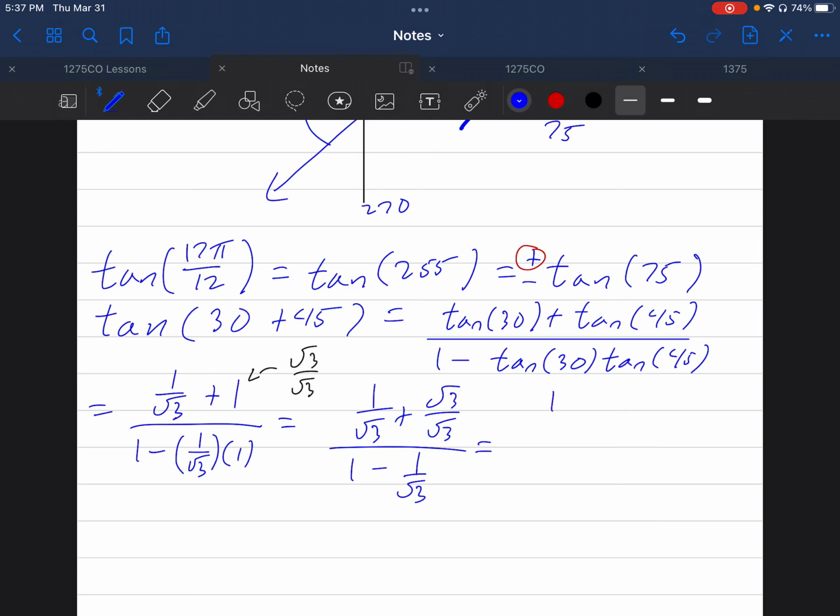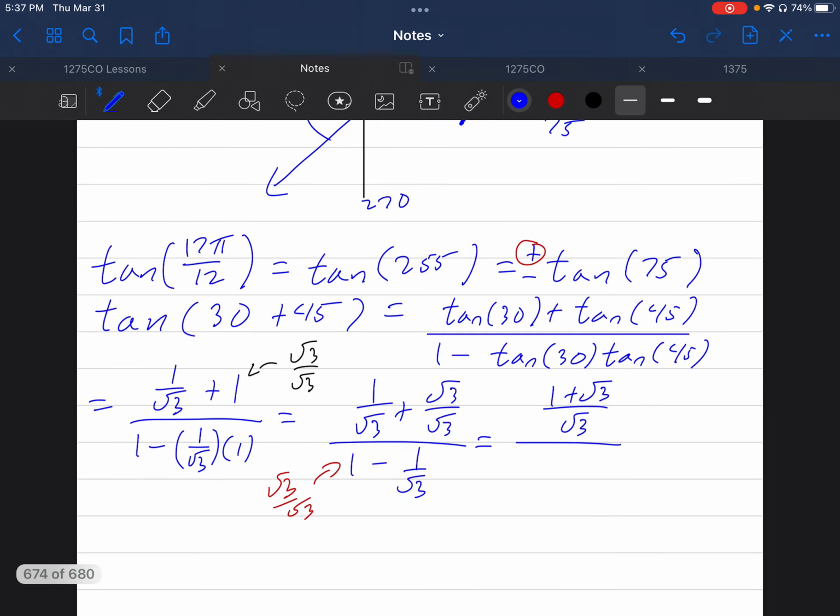So that's equal to 1 plus radical 3 over radical 3 divided by, once again over here, radical 3 over radical 3 is our conversion for a common denominator. That's going to be radical 3 minus 1 over radical 3 after we turn this into radical 3 over radical 3 and then combine the fractions together.